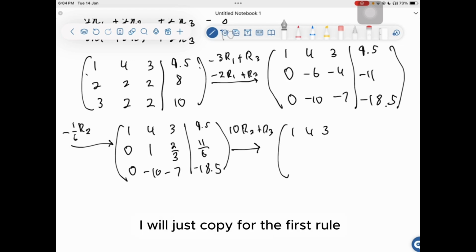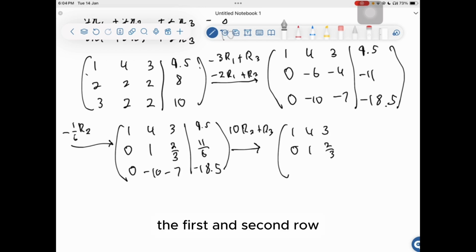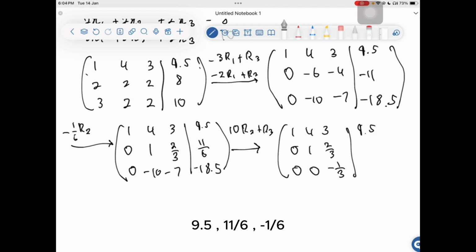I will just copy the first row, and also the second row, because it will not disturb the first and second row. But for the third row, we will get 1 over 3 by substituting the row 2 numbers into the equation. The coefficient we get is 9.5, 11 over 6, negative 1 over 6.